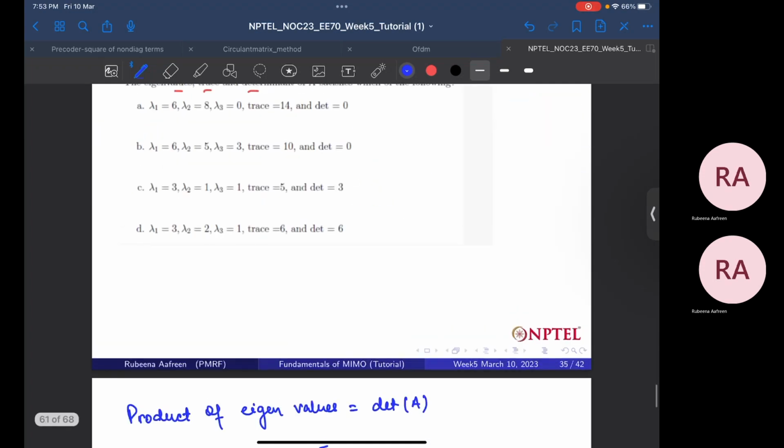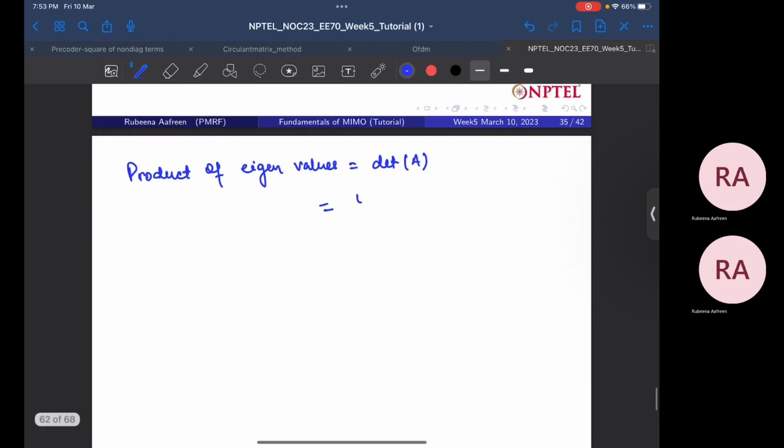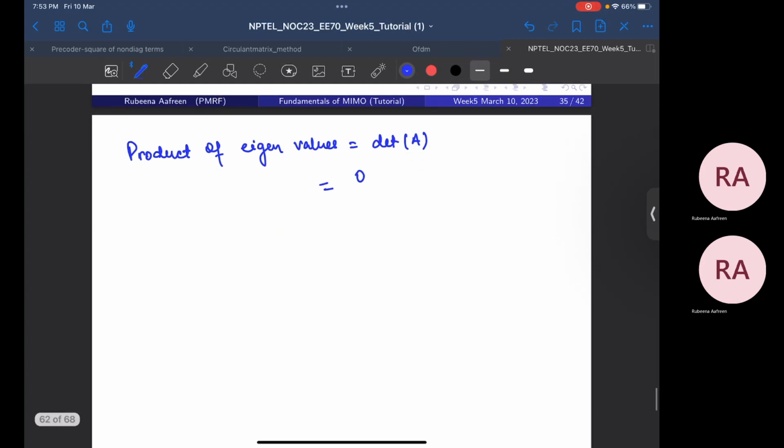Now we see the determinant of A would be 6 times 0, 4 times 0, 5 times 0. So the determinant is 0. Here the product of eigenvalues is coming as 0, which means that one eigenvalue must be 0, right?